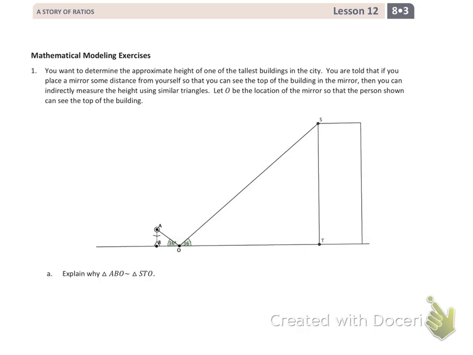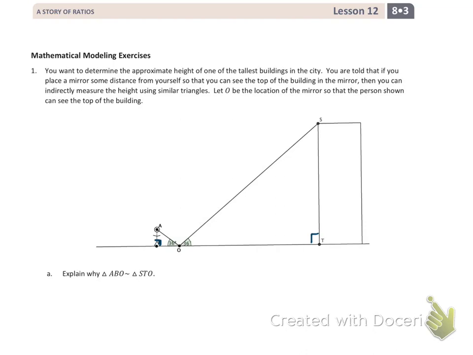Okay, so maybe you saw that not only do we know that 36-degree angle in this situation, we have another angle that's known, because we're going to assume that the building and the sidewalk are at right angles, and this person is also at a right angle with the ground.